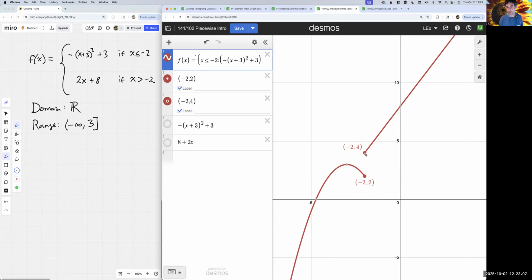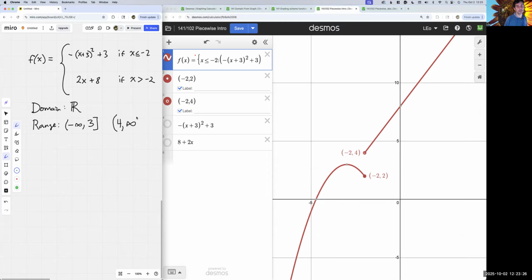Then we skip over a bunch of numbers, because between 3 and 4, the output 3 is at the top here. The outputs over here are all less than 3, so those aren't going to change anything. Then we have this jump up to 4, but we're not including 4. And then after that, it just keeps going forever. Use that union symbol again.